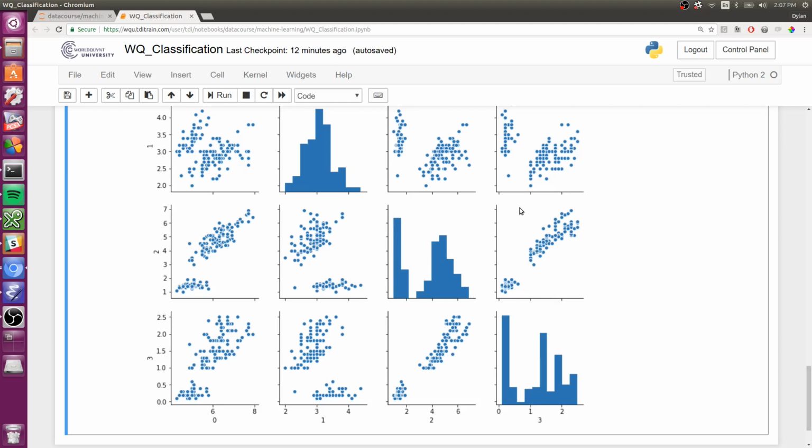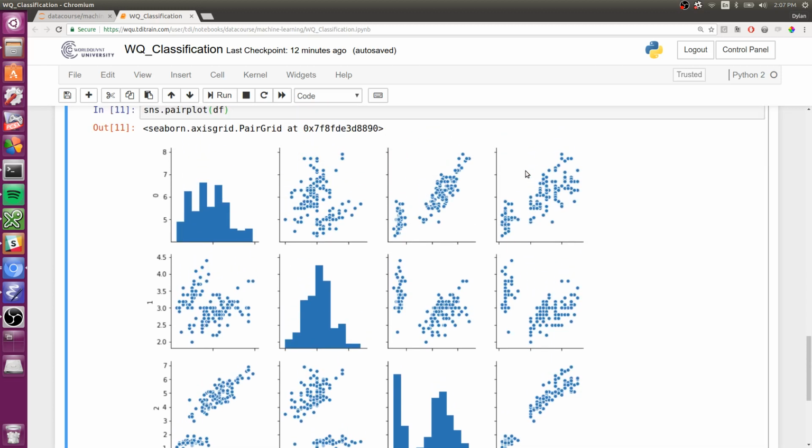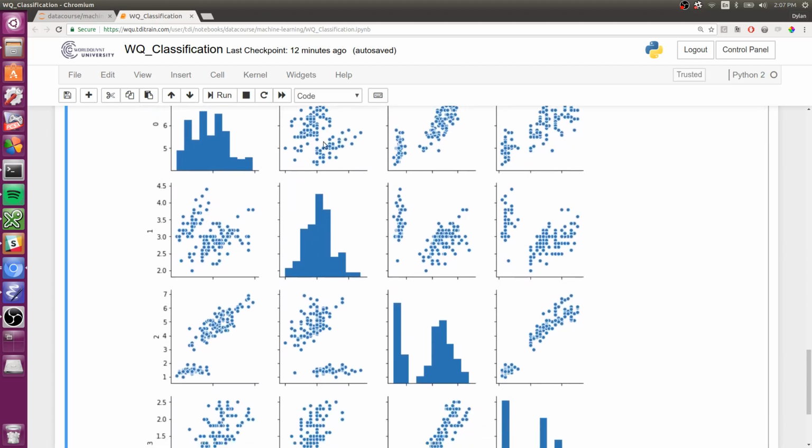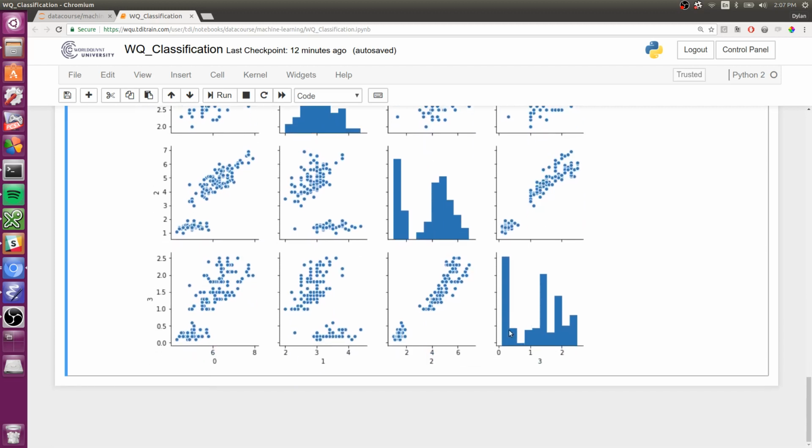Likewise for feature 3. Feature 3 has a gap here, a gap here. No matter what feature we plot with it, because it's a gap that exists purely in feature 3, there's a group with a small measurement and a group with a larger measurement.